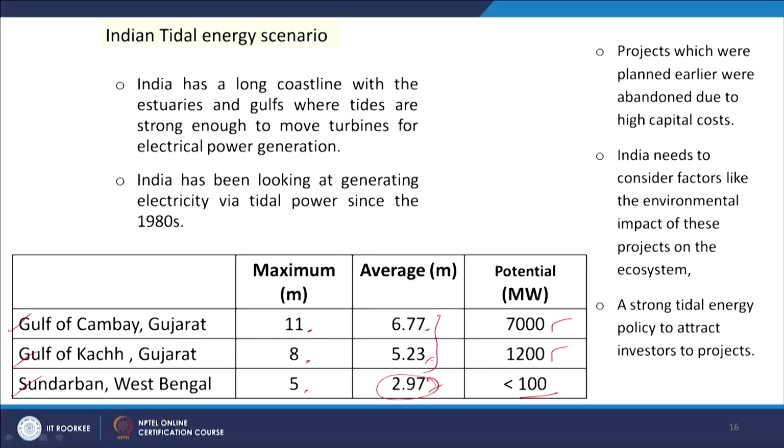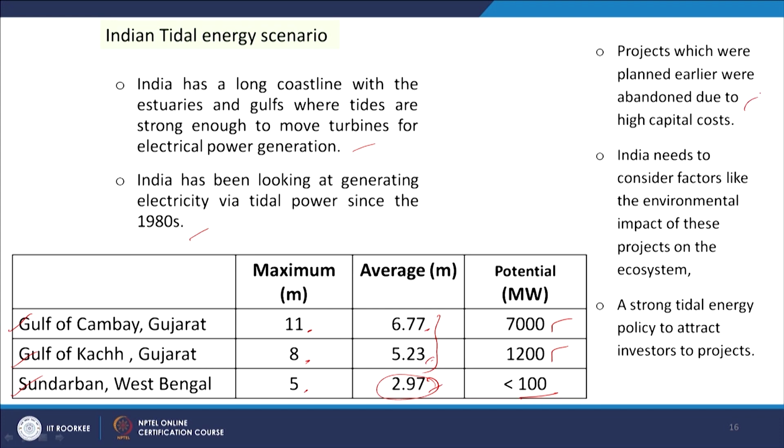India has a long coastline with estuaries and gulfs where tides are strong enough to move turbines for electrical power generation. India has been looking at generating electricity by tidal power since the 1980s, and projects which were planned earlier were abandoned due to high capital cost.